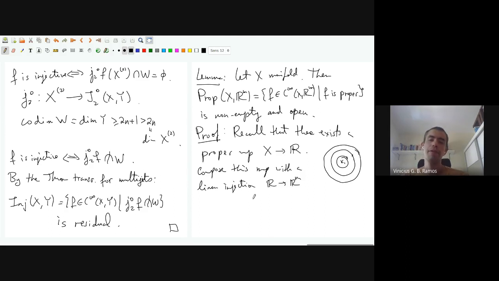For example, you just take the first coordinate, or any linear injection you want, to obtain a proper map. So that's easy to show that it's non-empty: you just need to show that there's a proper map into R, and then you get a proper map into Rm for any m.